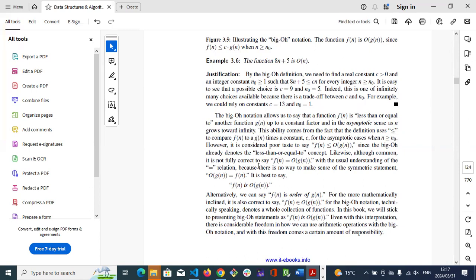Since Big O already denotes the less than or equal to concept, although common, it is not fully correct to say f of n is equal to Big O of g of n, with the usual understanding of the equal sign, because it makes no sense in the symmetric statement: Big O of g of n is equal to f of n. It's better to say f of n is Big O of g of n.